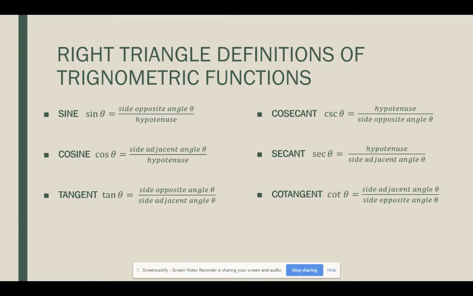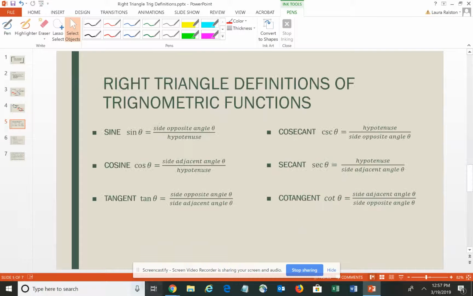So each of these are ratios or fractions, and you're relating 2 of the 3 sides, and there are specific relationships for each one. One thing I want you to notice, though, I've got these lined up in 2 columns on purpose. Let me back out of here for a second so I can do some markings for you.